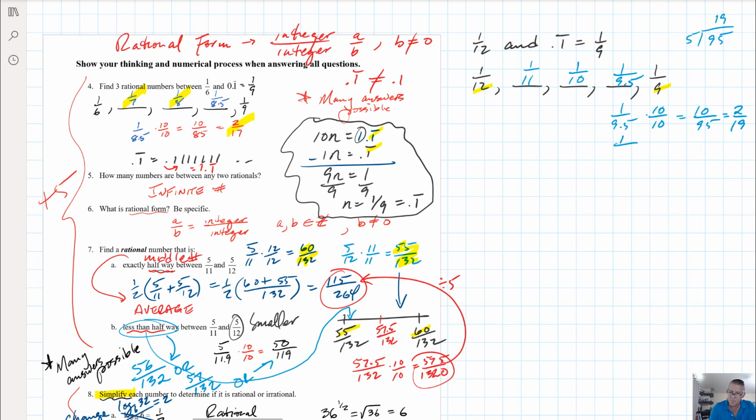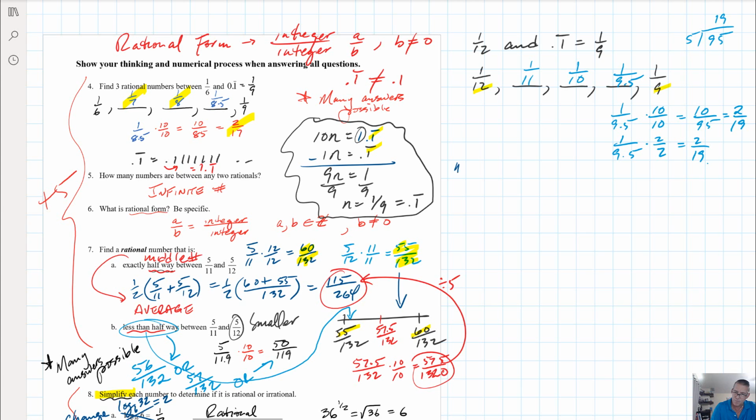Or you could have done this, which is another slick way to do it. You could have just multiplied by 2 in the form of 1, so 2 halves, and you get 2/19, since 2 times 9.5 is 19. So my 3 rational numbers are 1/10, 1/11, and 2/19. Now the other way to do it is using the LCD, going back to very basics.